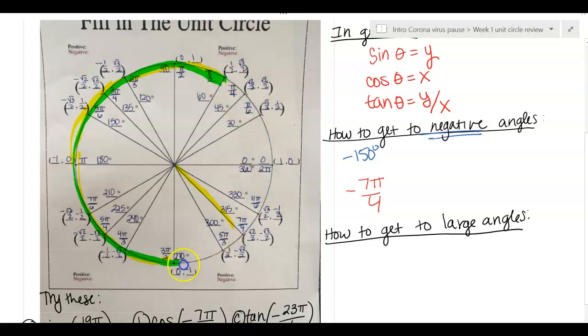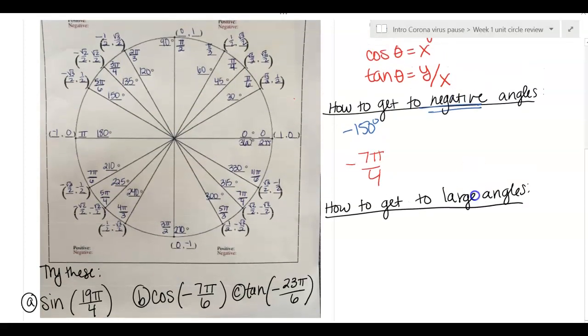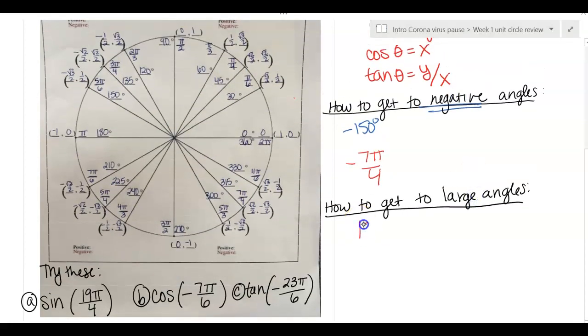And then some advice on how to get some of the larger angles that aren't listed on the circle as well. So let's say, I guess we'll start with pi over 4s again. Let's say they give us 17 pi over 4, and then we were trying to figure that out. So here's 0. So one way is to count. So to count, you have to recognize what 1 pi over 4 is.